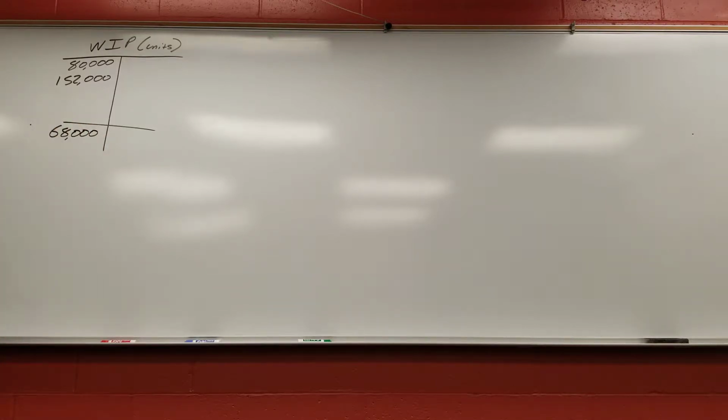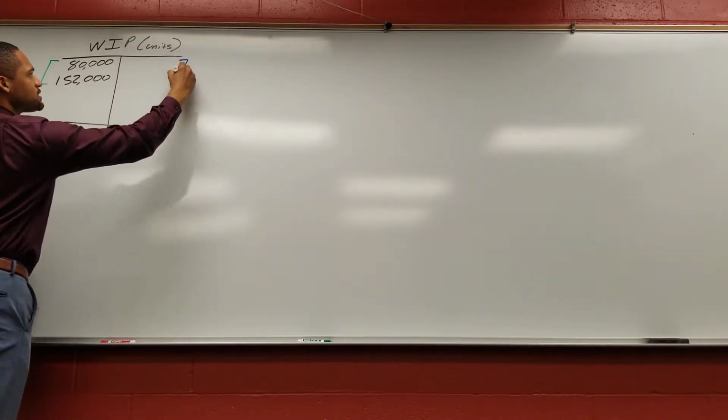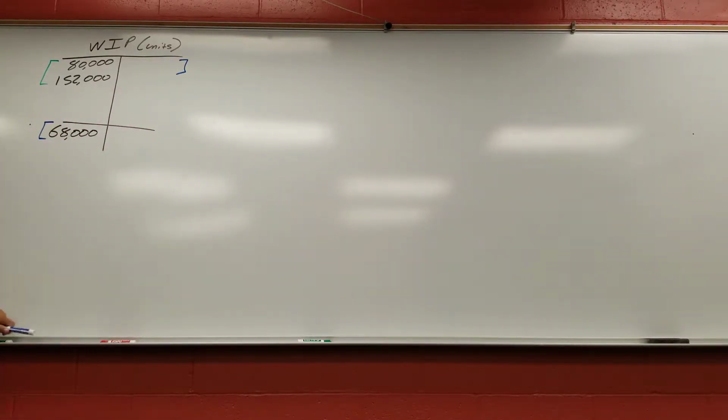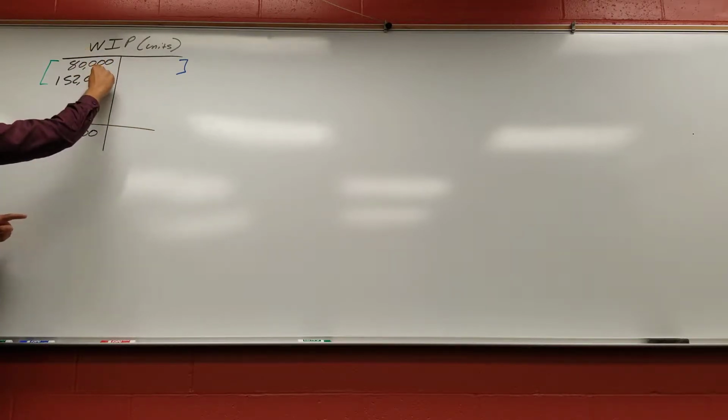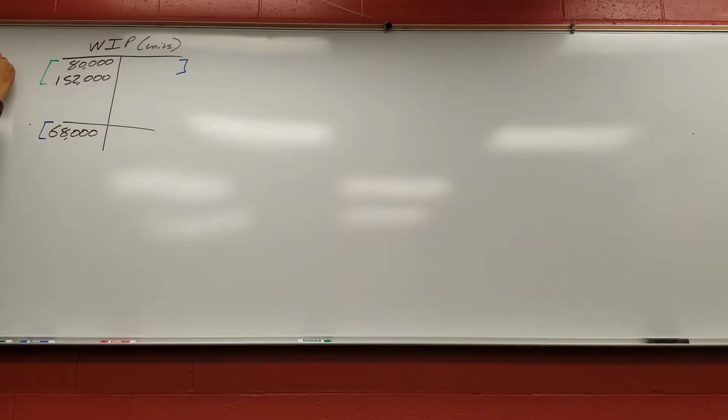So as we said, these two up here, the beginning inventory and the units started, must equal whatever our ending inventory and transferred out is. Essentially speaking, these two should equal those two. So if we know these three, we can find out this one. 80,000 plus 152,000 gets us 232,000.